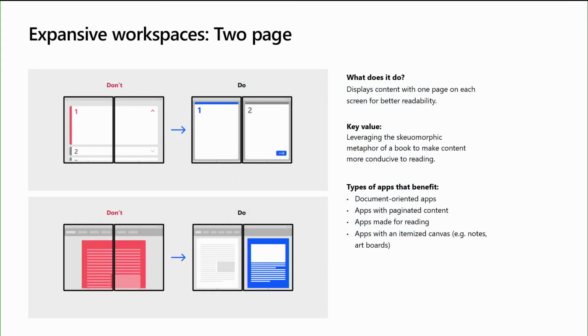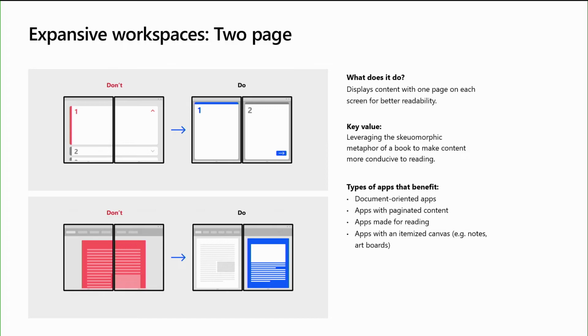The next pattern to provide users with an expansive workspace experience is called two-page. This is basically a pagination pattern to enhance your app with the book posture, because it just feels so good to hold the device like a book and look through content that way. Doesn't it?